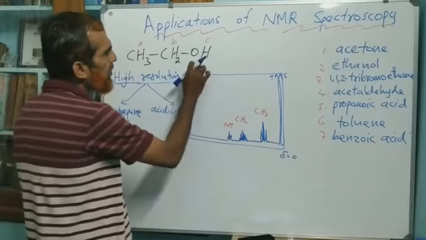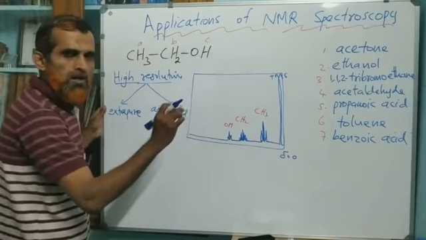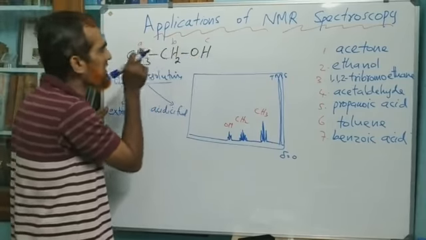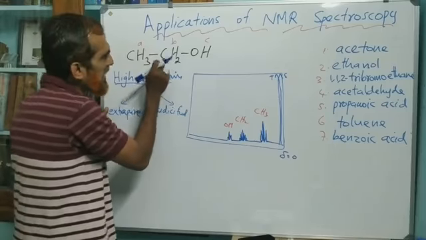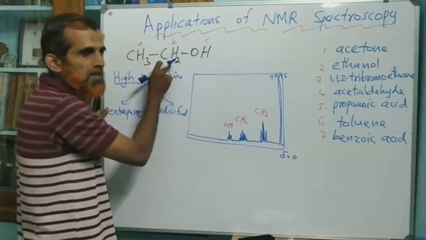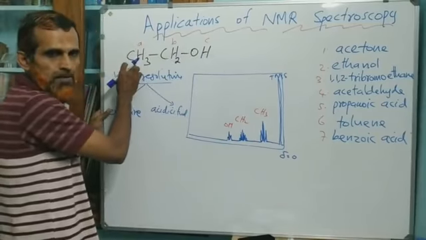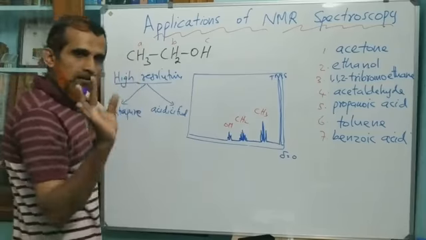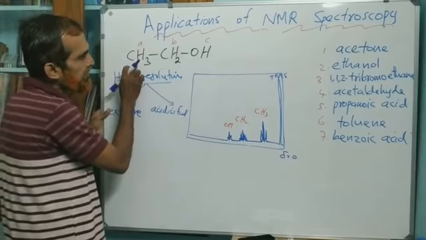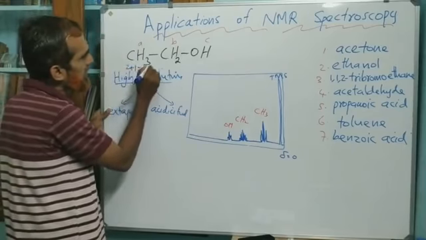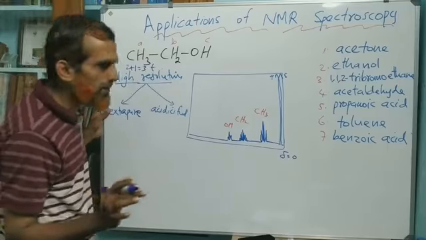So this OH proton will not be involved in spin-spin coupling with CH2, correct? That means the CH2 signal is not split by the OH proton, it is split only by CH3. So no difference for the CH3 signal. That will be split by CH2 as before, 2 plus 1 equals 3, into a triplet.